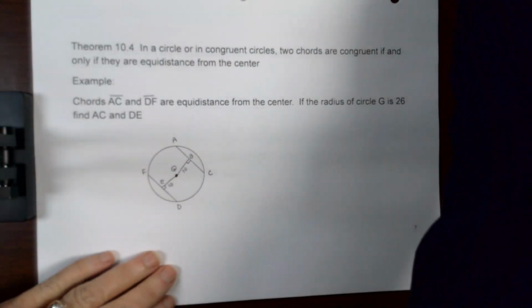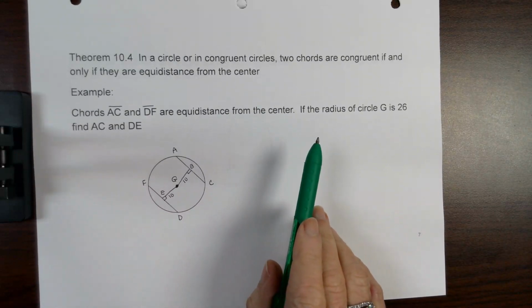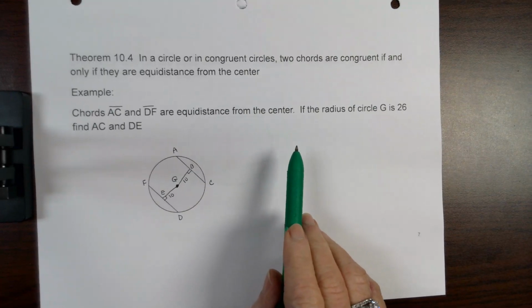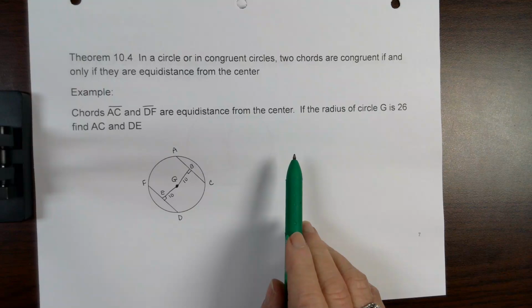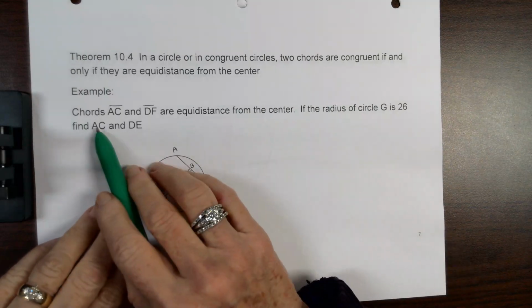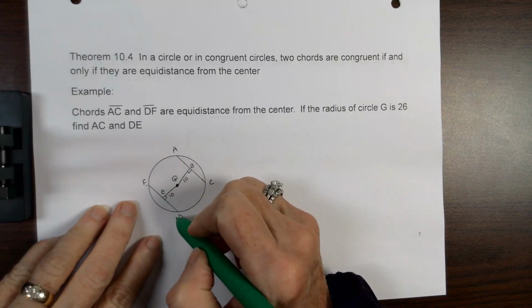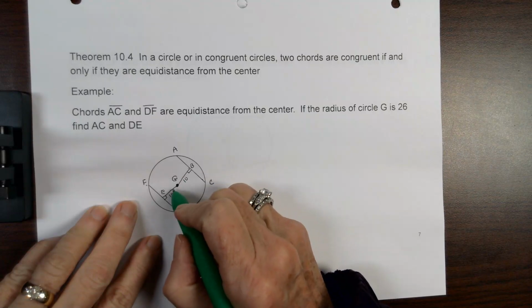Here's another theorem. In this section, theorem 10.4 says, in a circle or in congruent circles, two chords are congruent if and only if they're equal distance from the center. So here's an example. Chord AC and DF are equal distance from the center. They're each 10.